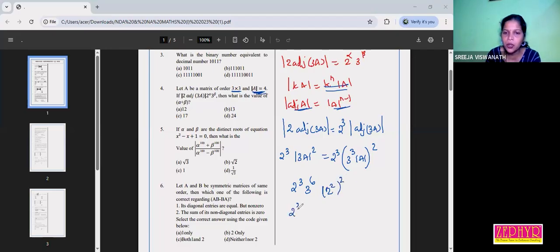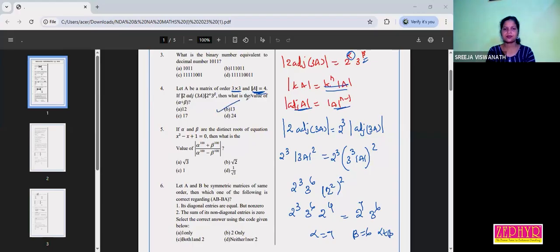That is 2 cube into 3 raised to 6 into 2 raised to 4. That is 2 raised to 7 into 3 raised to 6. The power of 2 is alpha, power of 3 is beta. So here alpha is equal to 7, beta equal to 6. Alpha plus beta is 13.